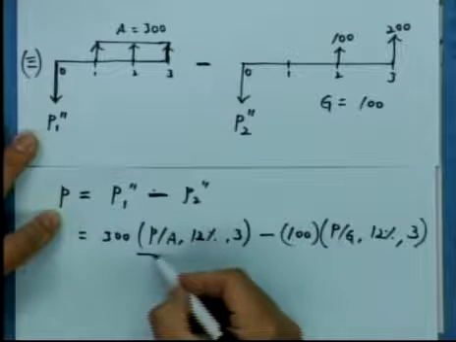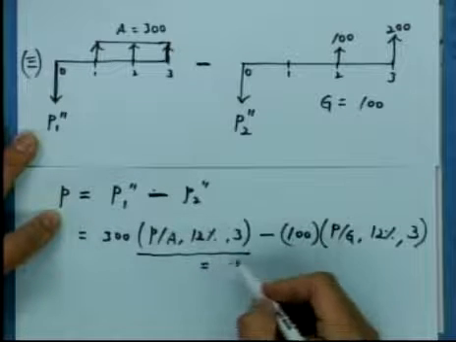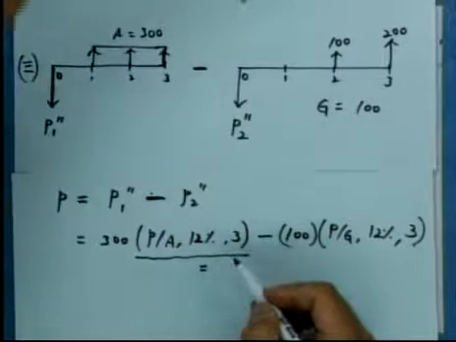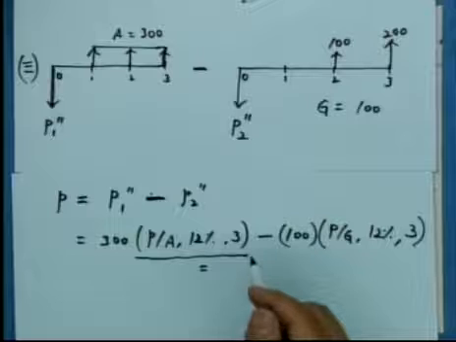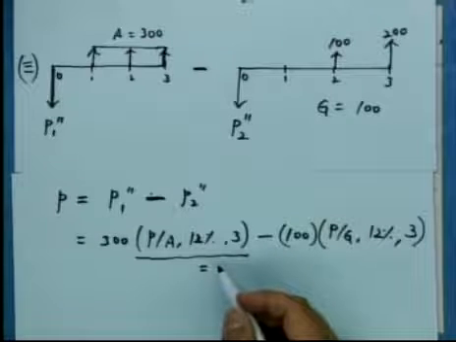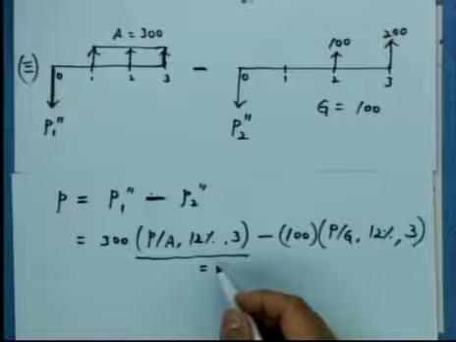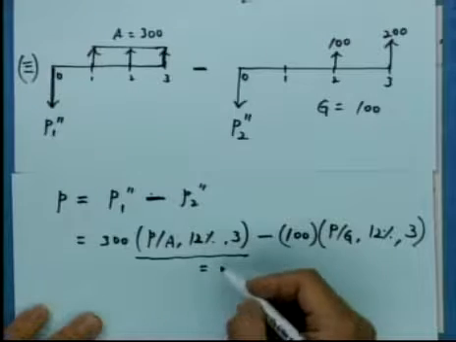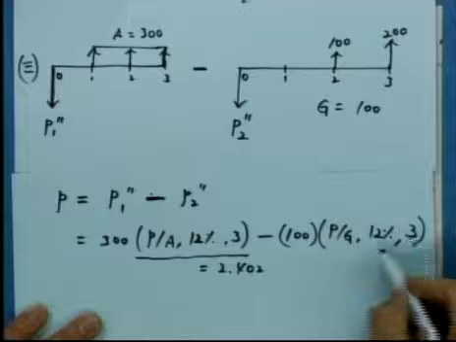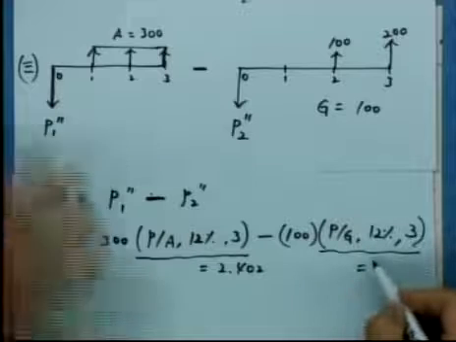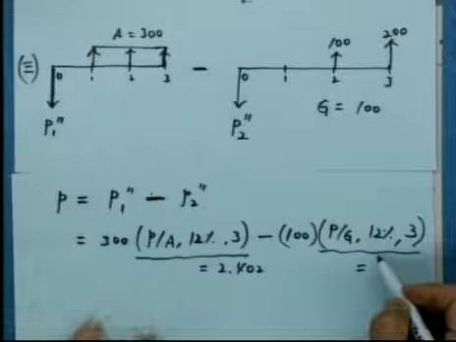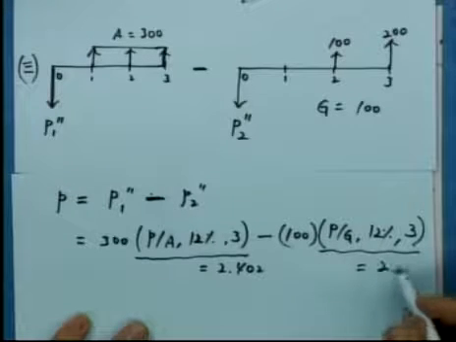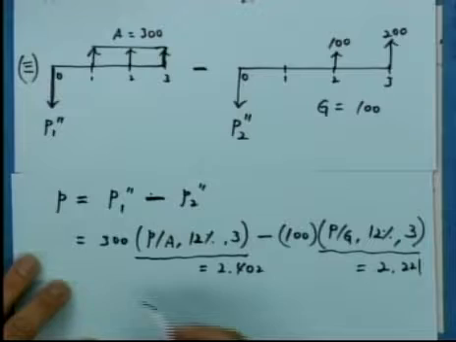And here this factor value is P given A 2.402. And what about this? 2.221. Okay.